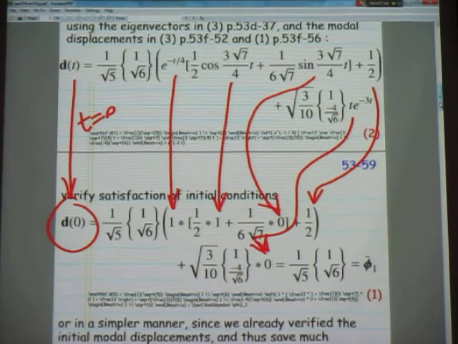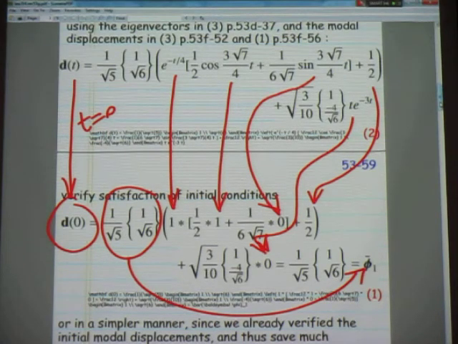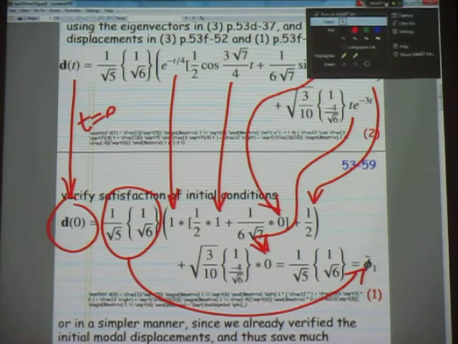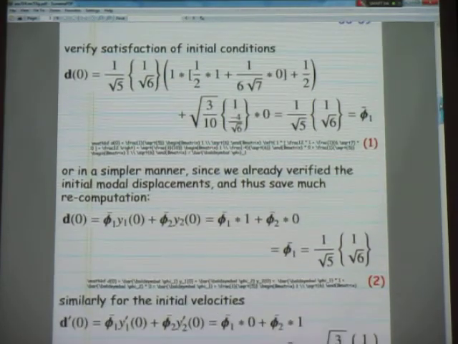So this is really the first normalized eigenvector. So we verified analytically that the solution satisfies the initial conditions, the initial displacement.